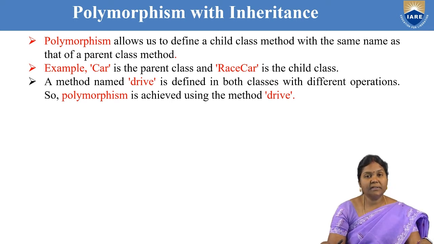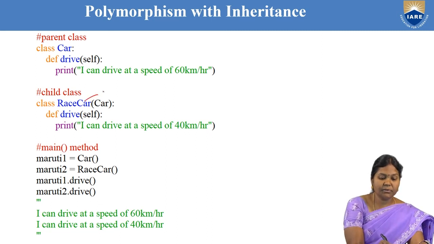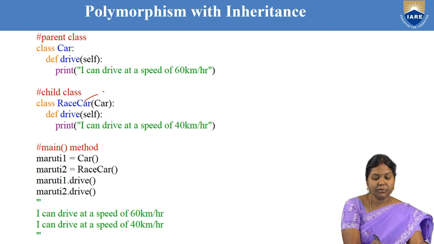How it is done using polymorphism, let us see one example. Here car is a base class and it has a method called drive. If you invoke this method of the parent class, the output is: I can drive at a speed of 60 km per hour. Similarly, there is a child class, race car, which inherits the properties of the base class. Race car is the derived class and car is the parent class.